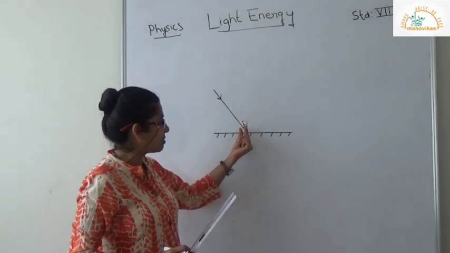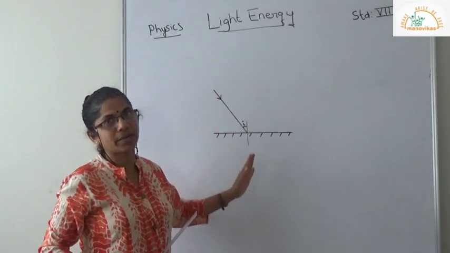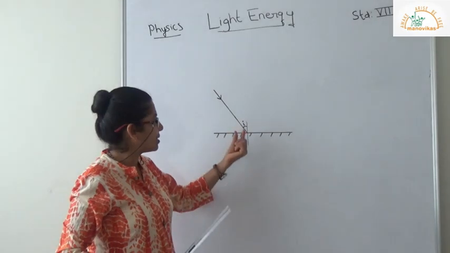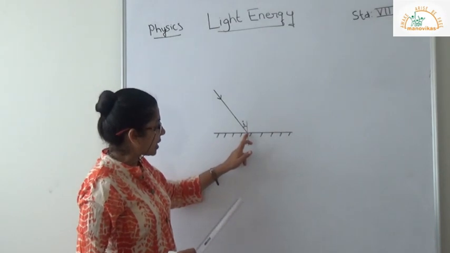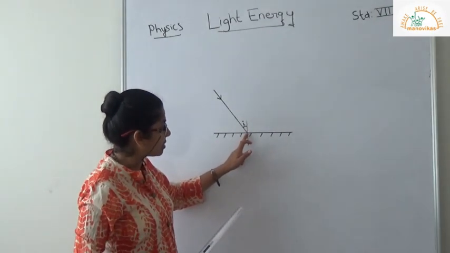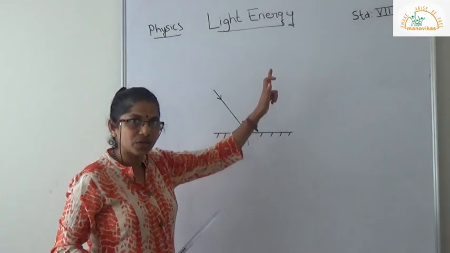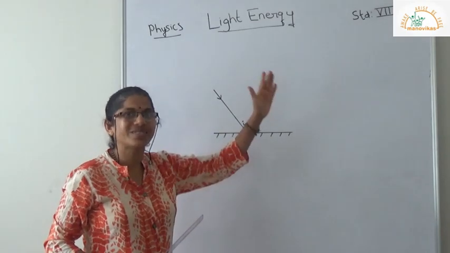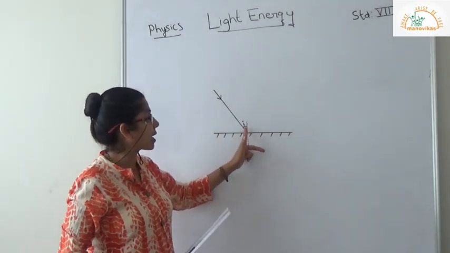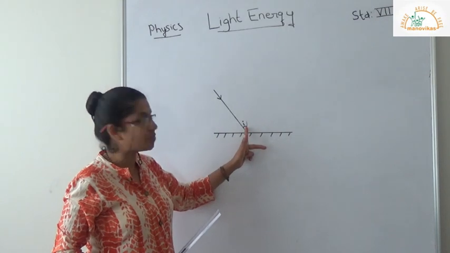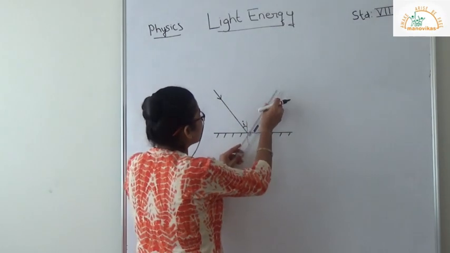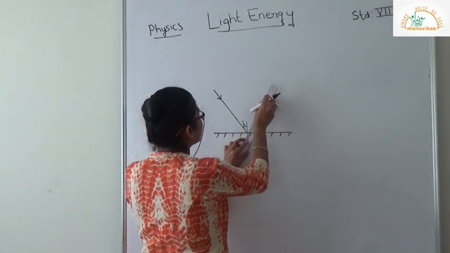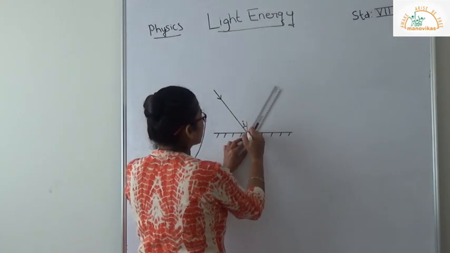Suppose the angle of incidence with respect to the normal is 30 degrees. Then this ray, after hitting this surface, will get reflected, will bounce back at the same angle. That is, if the angle of incidence is 30 degrees, the reflected ray has to be shown at an angle of 30 degrees itself.